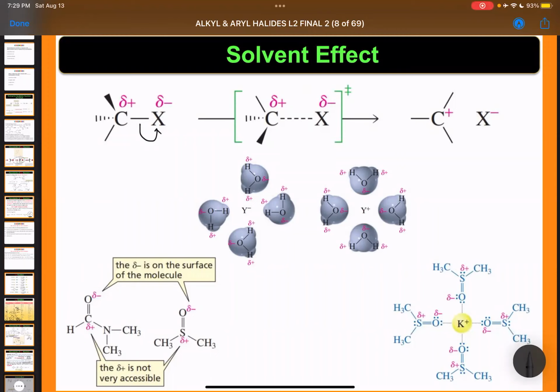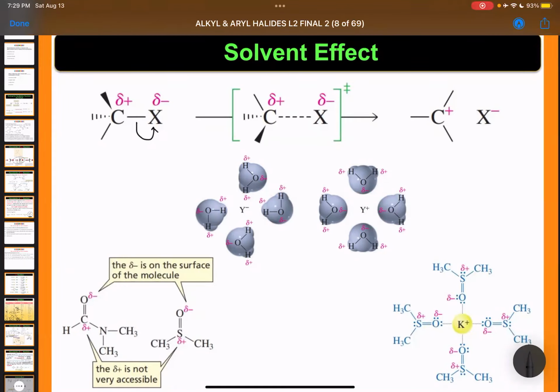And in polar, you have two categories. One is polar protic, like water, like methanol. This is a protic solvent.